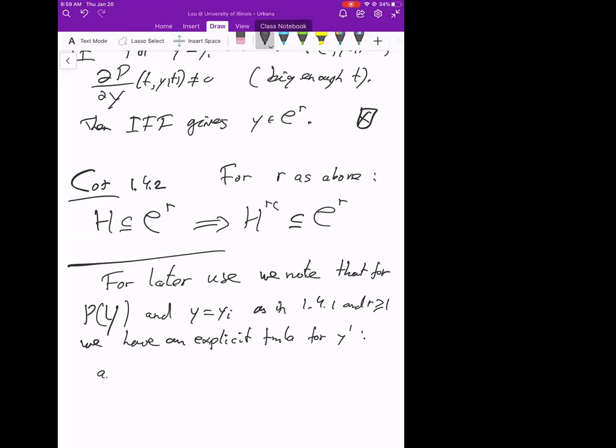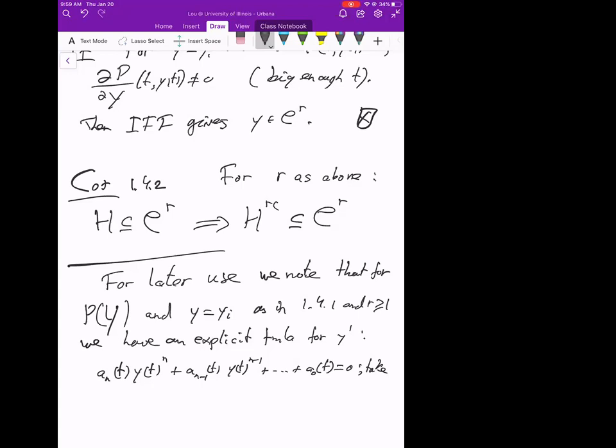We have a_n(t) y(t) to the power n plus a_{n-1}(t) y(t) to the power n minus 1 plus and so on plus a_0(t) equals 0 for big enough t, and take derivatives.